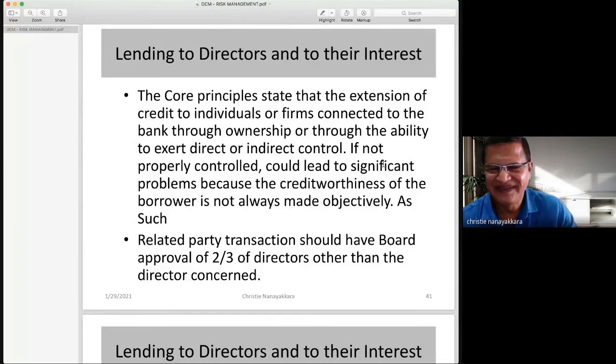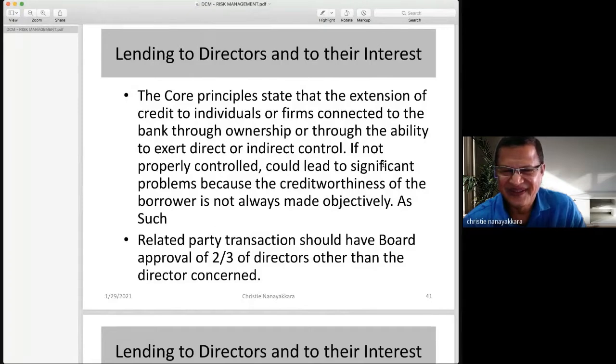So the principle is, if you are a director of a bank or a key management personnel, you know very well that when any of them come to you for a facility, you don't ask all those 100 questions you ask from a normal customer, because of their influence and they are actually owners of the system.